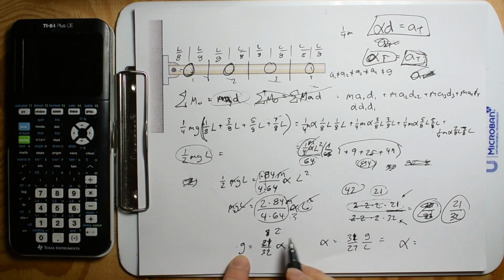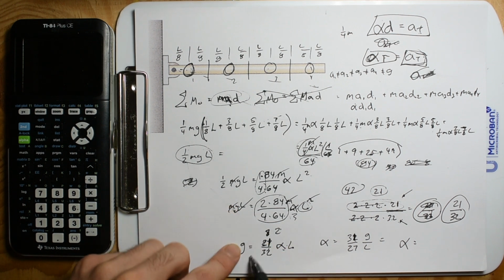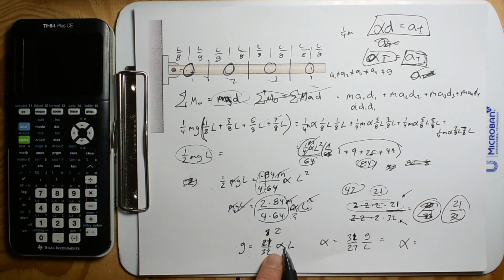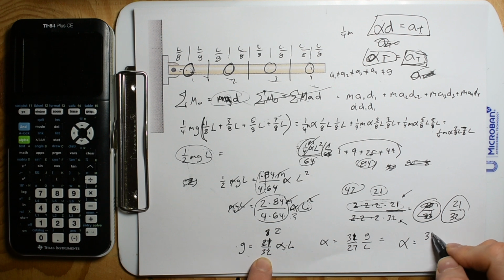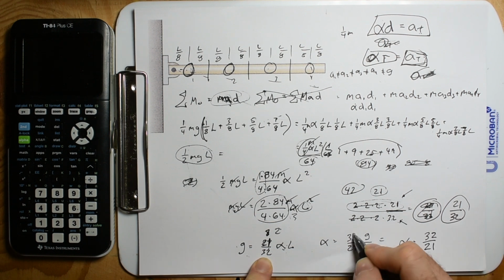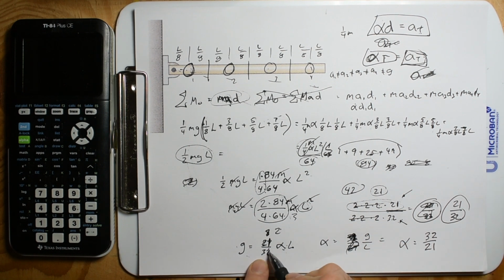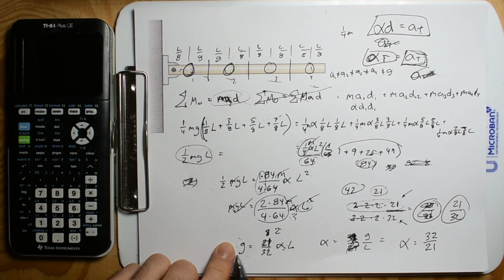And we have alpha L is equal to G, and I'm going to solve for alpha. So that's going to be 32 divided by 21. Yeah, I kind of wrote that wrong. So 32 up top, 21.